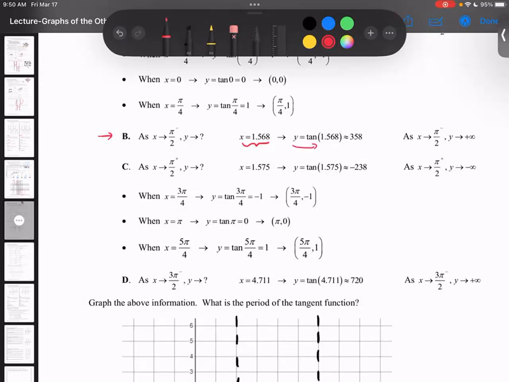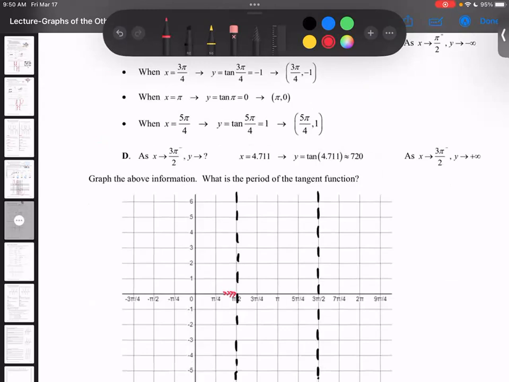You have the tangent function in your graph. Make sure your calculator is in radian mode. I see a positive number. That means it's implied that as x approaches pi half from the left, y approaches positive infinity. What about pi half from the right?